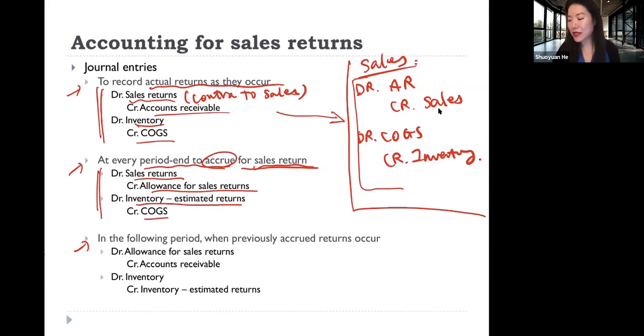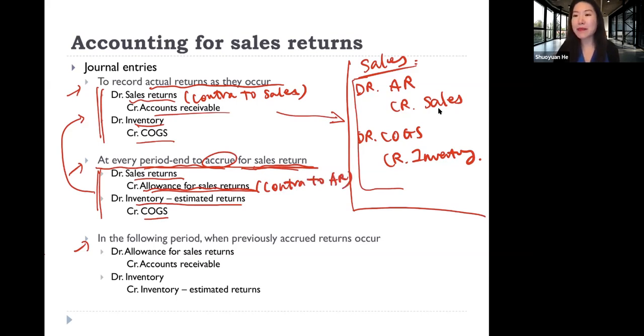So what is the difference here? Compared with the previous journal entry, in this situation those returns haven't been made yet, but I estimate the returns that may be made in the future. So instead of crediting accounts receivable, I credit allowance for sales return, which is a contra account to accounts receivable.